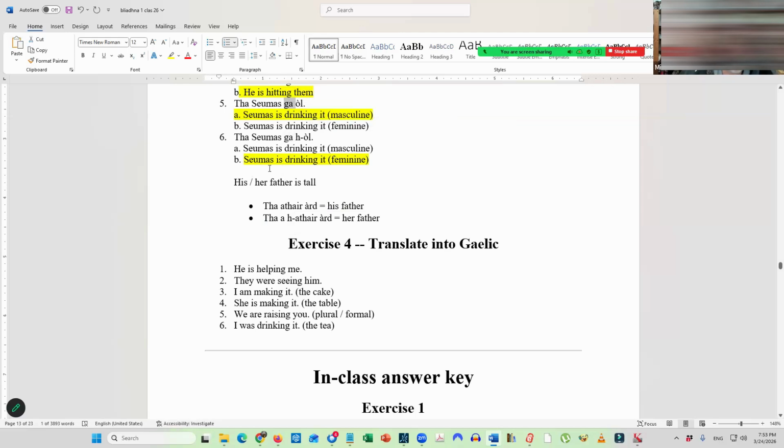Now, sometimes in older writing, you will see aha her, aha her. You'll see this kind of repetition, but contemporary Gaelic has gotten away from that. And I suspect that even before people stopped writing it, people wouldn't actually say it, because that sounded like a stutter.